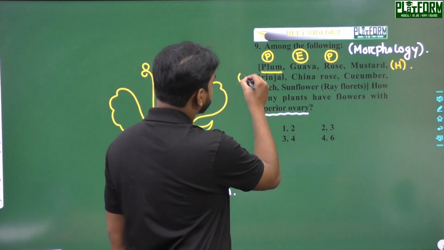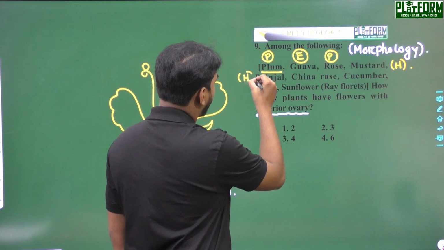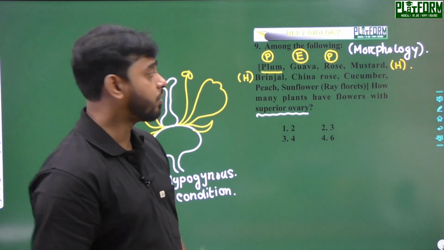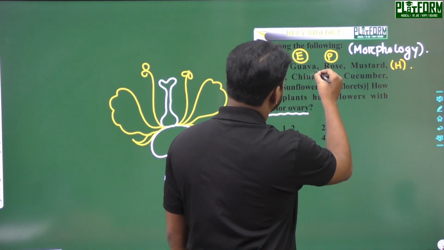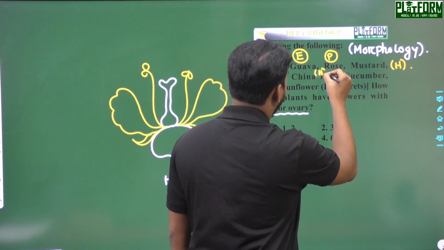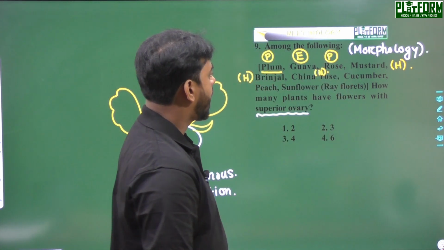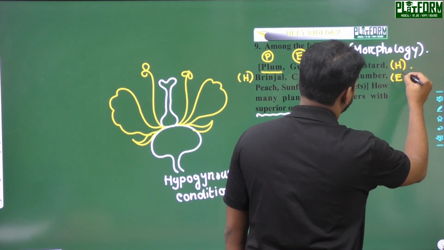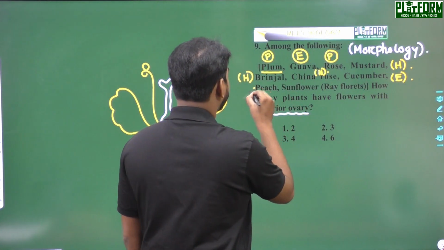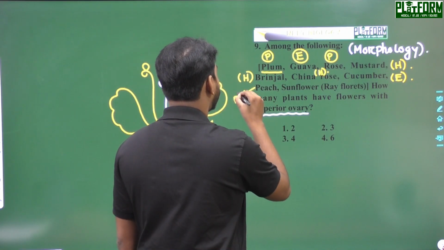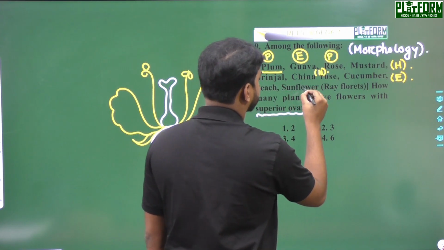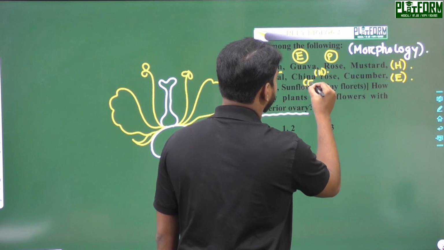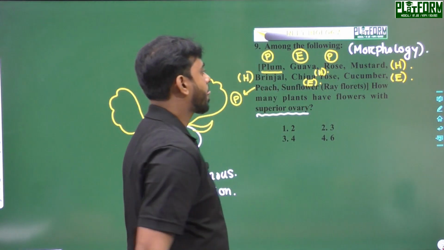Similarly, brinjal also has a hypogynous flower, China rose also has a hypogynous flower, and the rest: cucumber, epigynous; peach, perigynous; sunflower, epigynous.